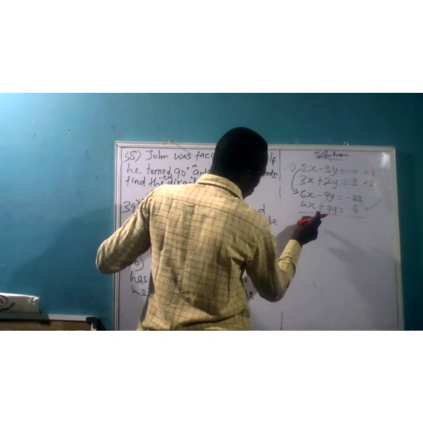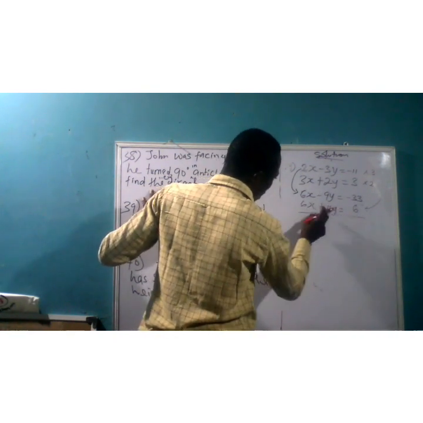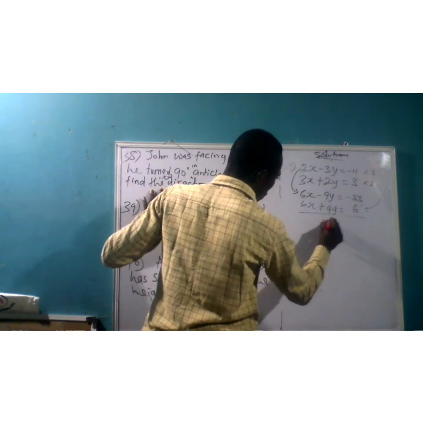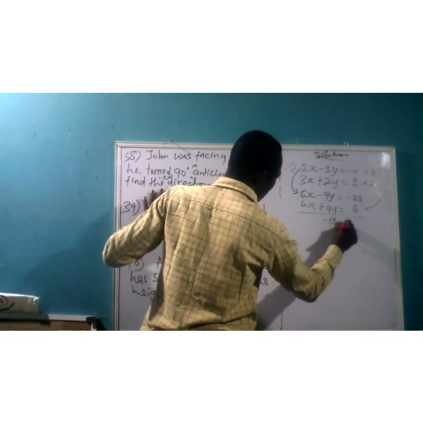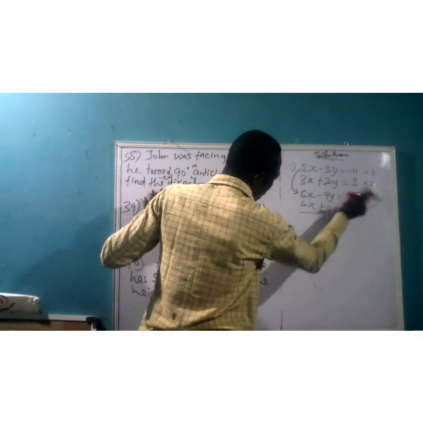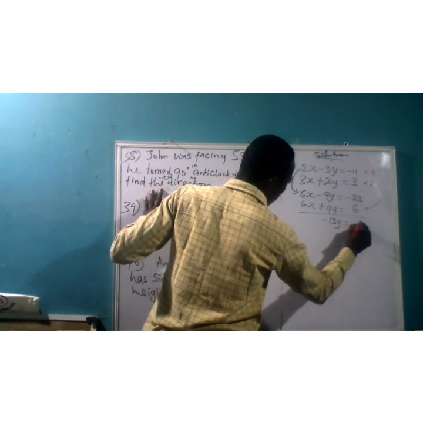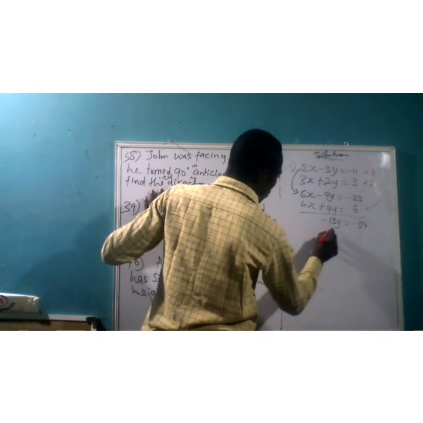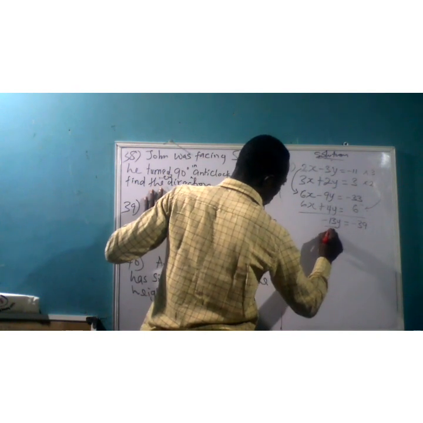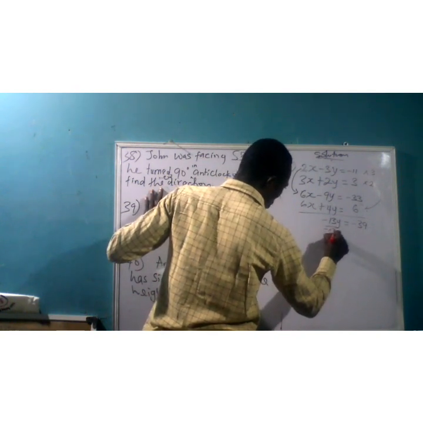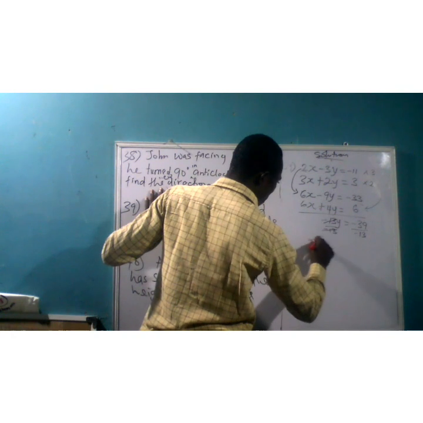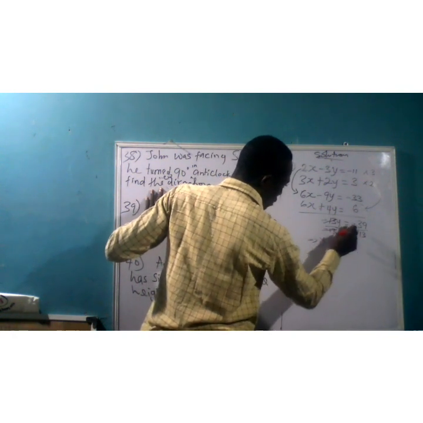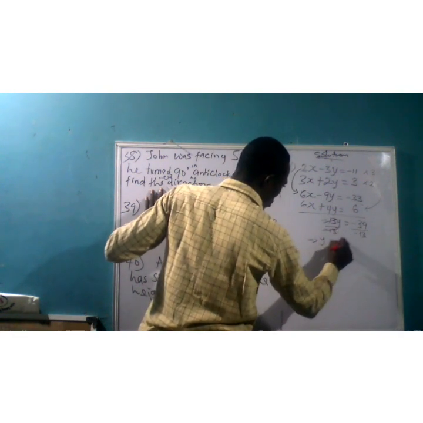Minus 9y minus 4y, that will give you minus 13y. Minus 33 minus 6, that will give you minus 39. And if you divide both sides by minus 13, just to make y the subject of the formula, you have y equal to minus 39 divided by minus 13, that will give you 3.